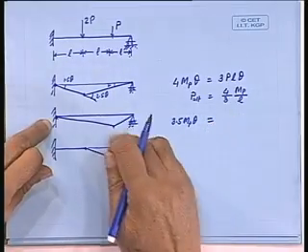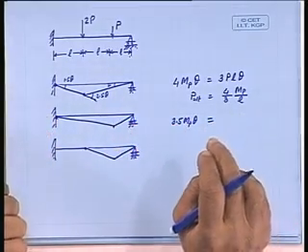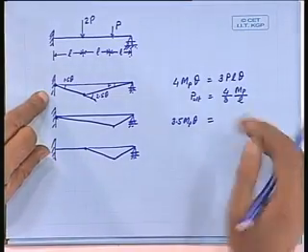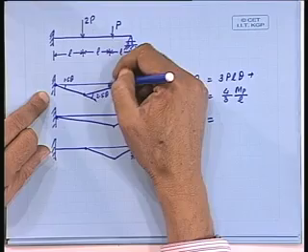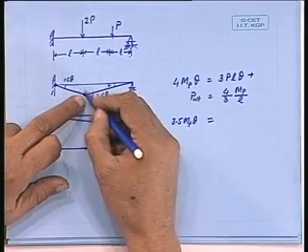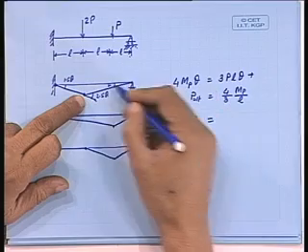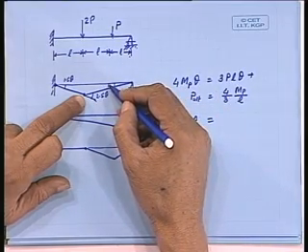And how much is the work done by the load? Oh my god, I have made a mistake here. Plus, this is also going down. This will go down to half the level here, no? If this goes down to delta, this will go down delta by 2.